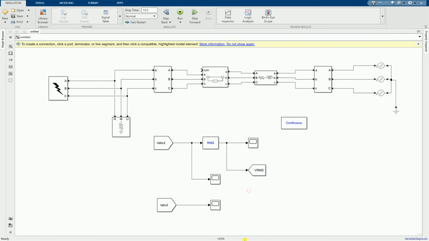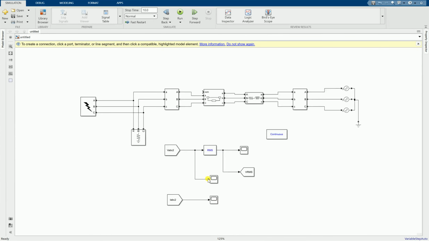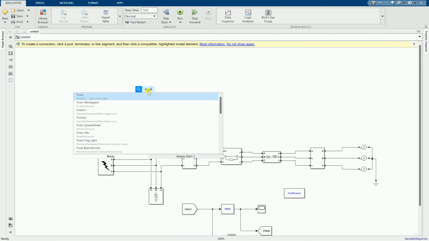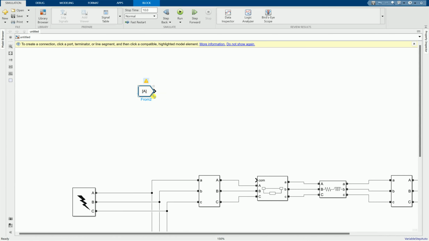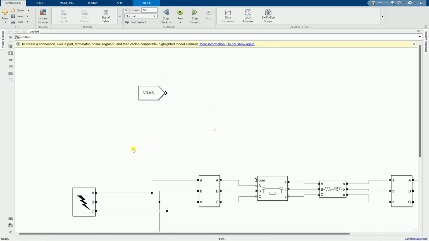So we need to look at whether VRMS exceeds or drops. VRMS from here, Control V, apply. This is our voltage.